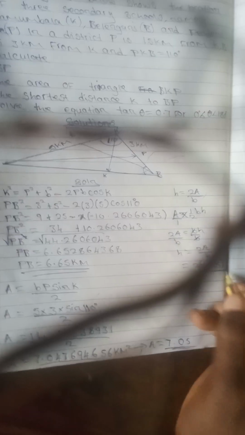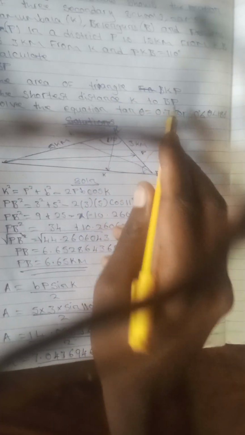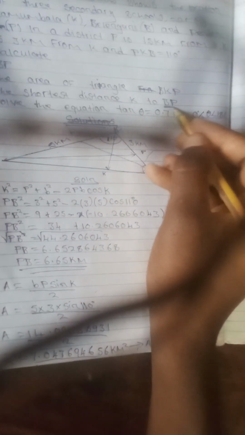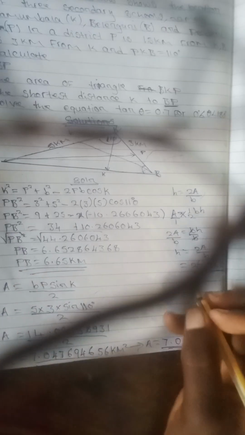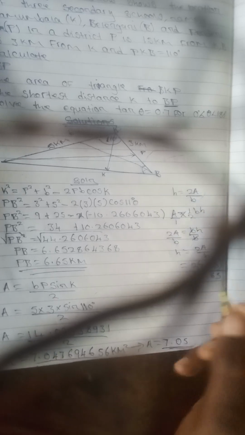Then we say over, what is our b? Our b is the shortest distance K to BP. So BP is what you have to replace here. So what is our BP? Our BP is what we have found here, which is 6.65. So this is our BP.